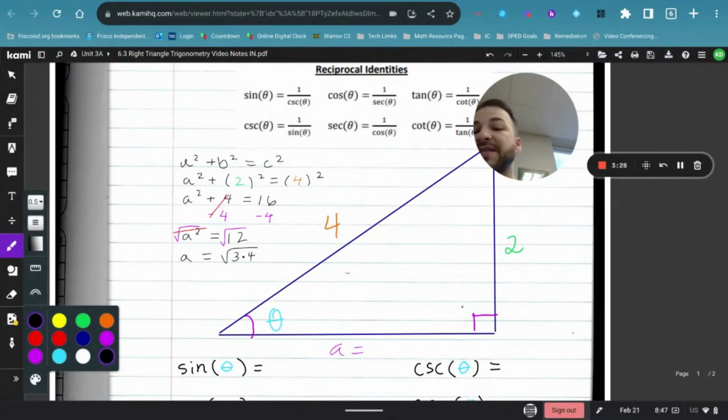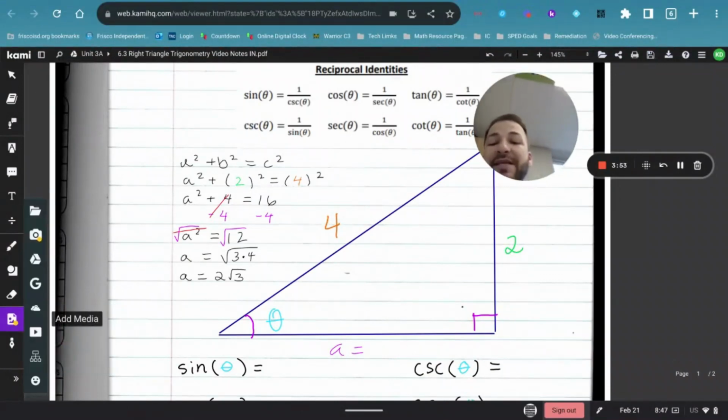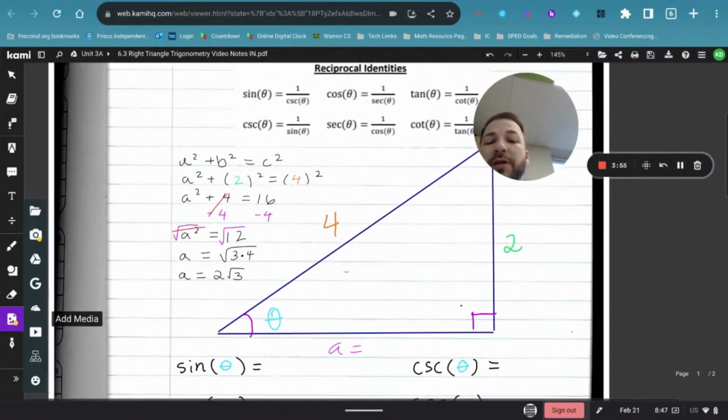So this becomes A is equal to 2 square roots of 3, because that is what the square root of 4 is. 3 stays underneath. So this is what we call simplifying or reducing a radical without a calculator. Anytime we can split a number into perfect squares, we can reduce that square root. If we can't, if it's a prime number under the square root, then we just leave it, like we left 3. So A is equal to 2 root 3.